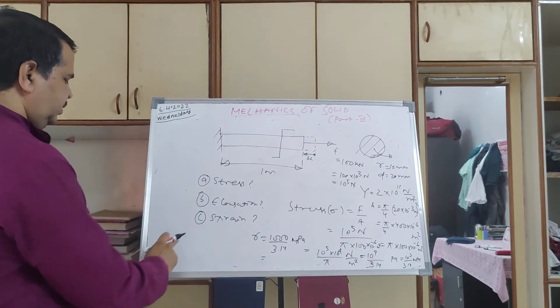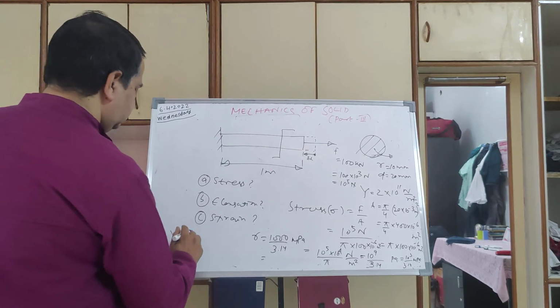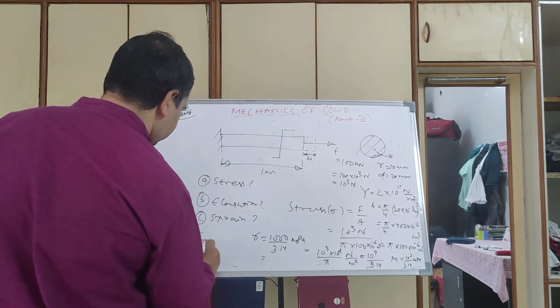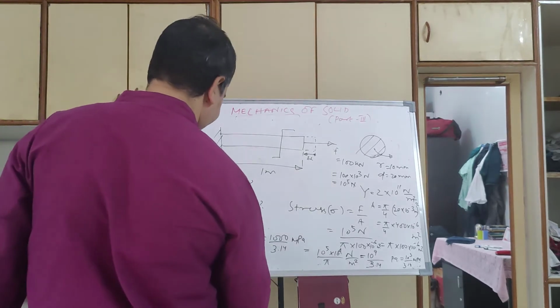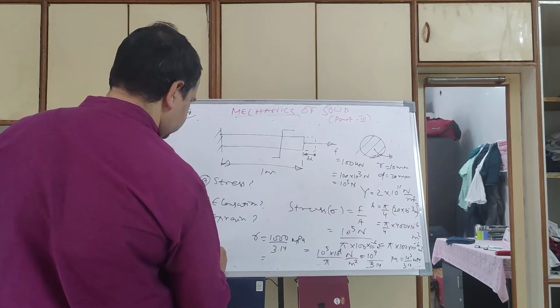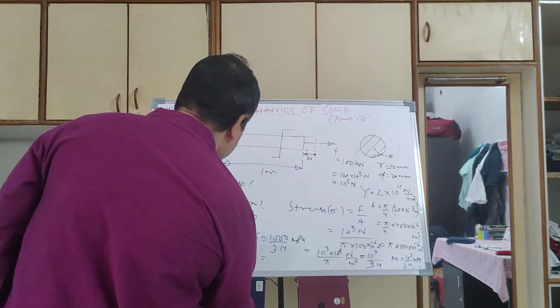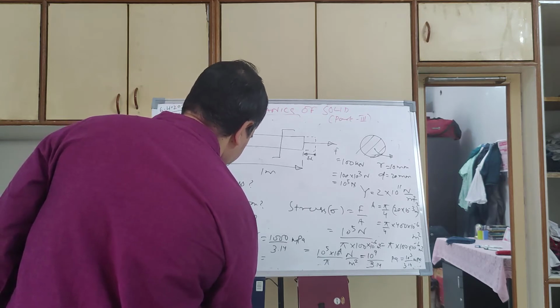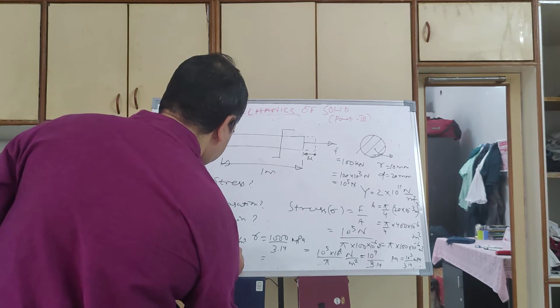So you know the formula for Young's modulus, which is nothing but stress by strain, and strain is del L by L. You have to be very careful with units here. Stress, you already know, is 10 to the power 9 Newton per meter square divided by pi.